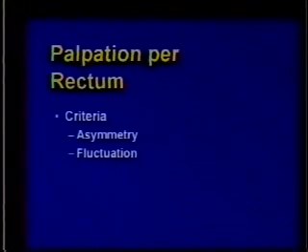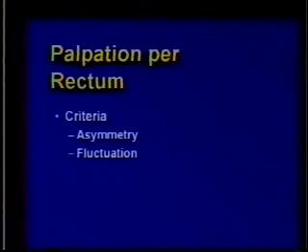But those are not positive signs. Asymmetry is actually a residual after a cow's been pregnant. Her previously gravid horn is not totally back to the original size. And fluctuation could also be due to the presence of fluid or pus.